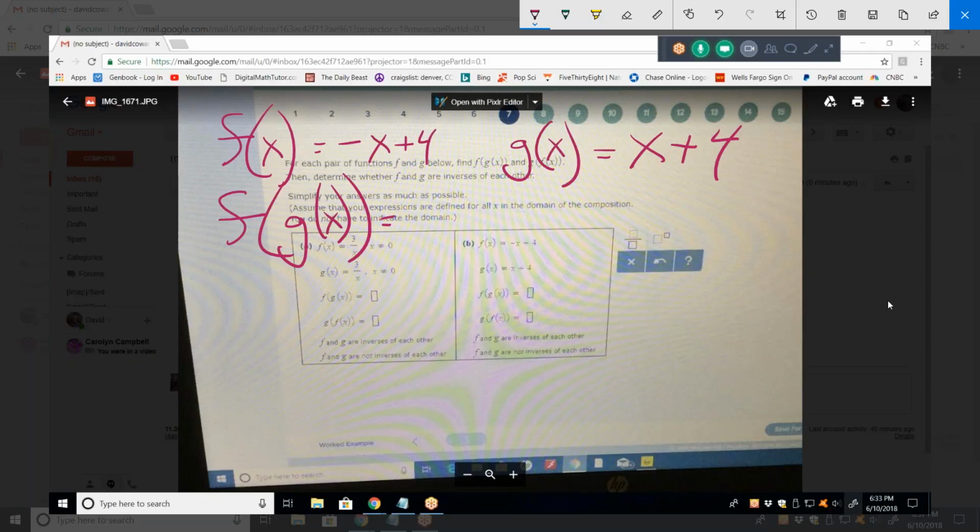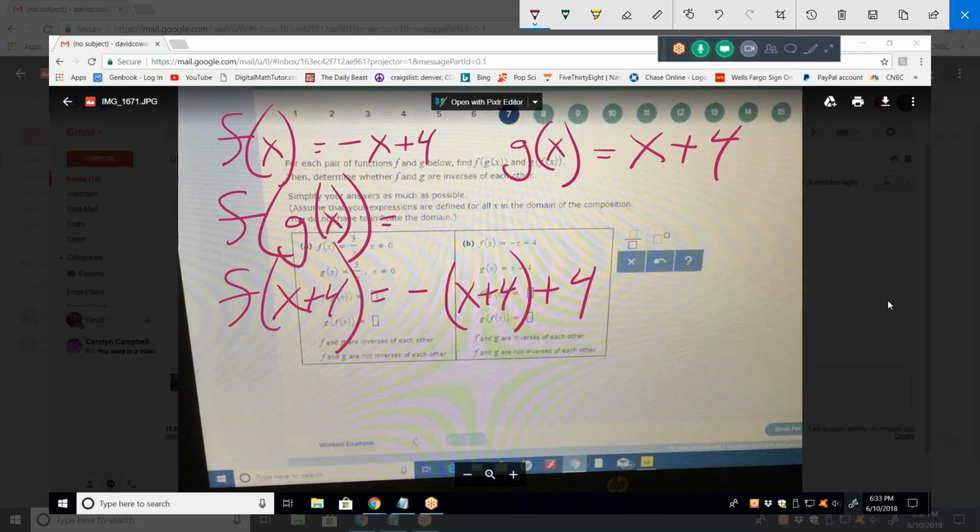For that one, I would have to do f of x plus 4. And that would equal negative x plus 4 plus 4. Use parentheses, because you're always going to be using parentheses. So the negative, then the parentheses, x plus 4, close parentheses, then plus 4.